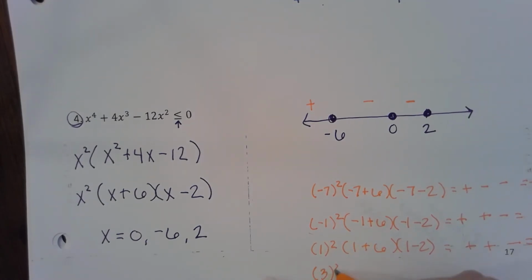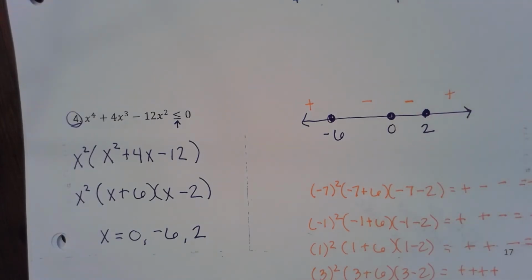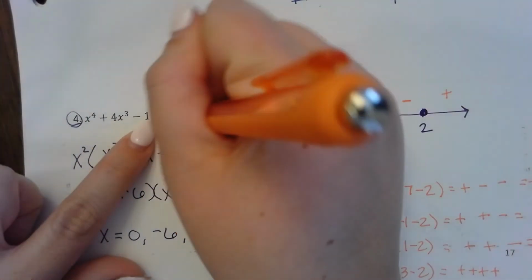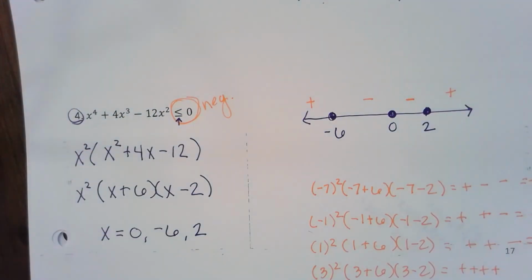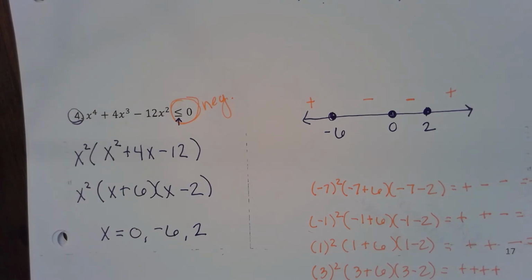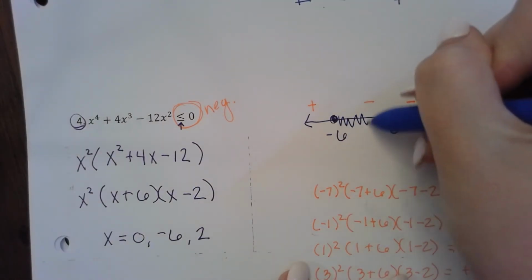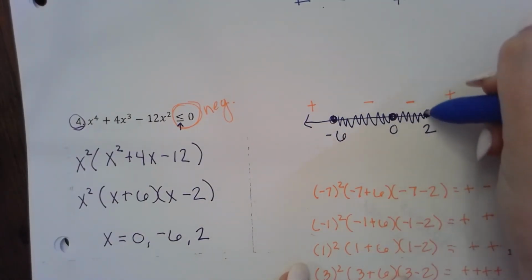And we could plug in 3. All 3 positives, so positive. So because this is less than 0 this time, that means the answers we want are the negative answers. So our answers here is anywhere there's a negative symbol, which is here and here.